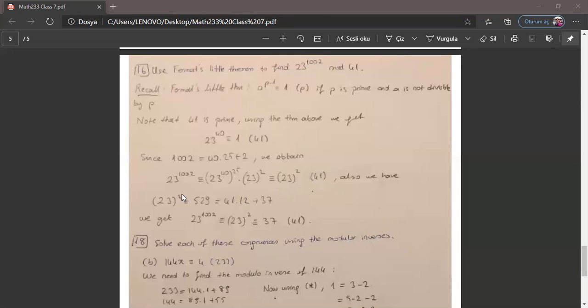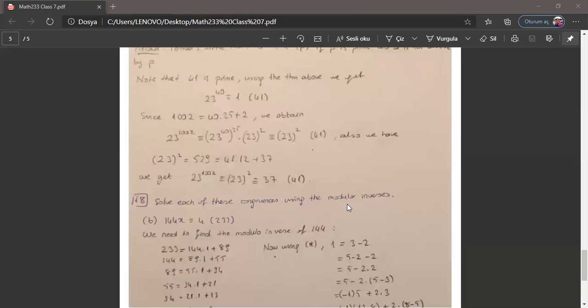This number is also bigger than that, so we compute it again. If we divide it by 41, the remainder is 37. So this is congruent to this number modulo 41. By using the theorem, we easily obtain this.